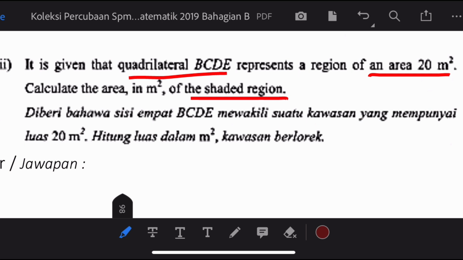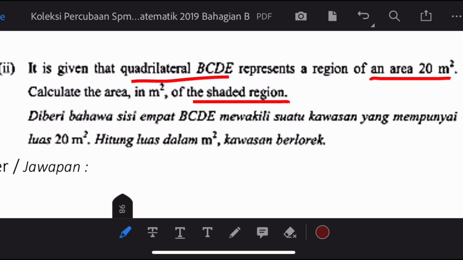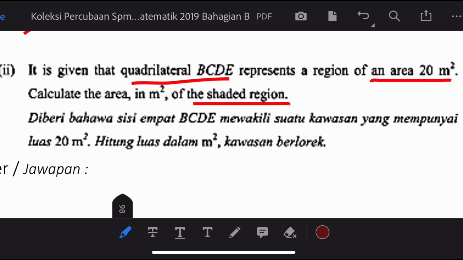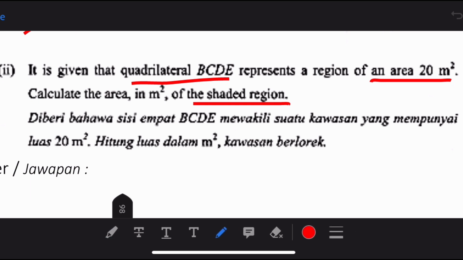Whenever there is an area, we always write down the formula relating the area of the image over the area of the object equal to the scale factor square. When there is area, we have to square the scale factor. If you want to find the scale factor, you find the length of the image over the length of the object.